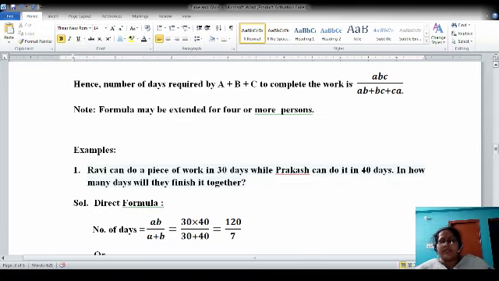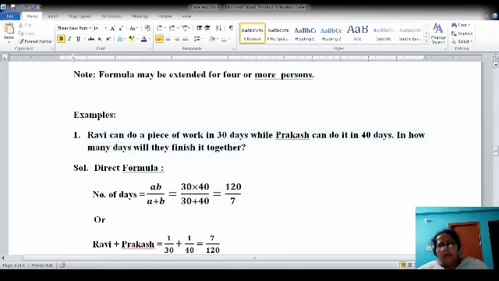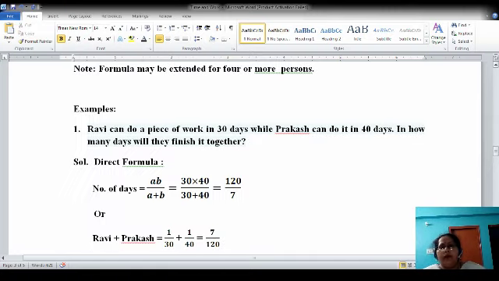And let us just take a quick glance at how it looks if I had just followed the steps without using the formula. We know that Ravi can do a piece of work in 30 days. So the amount of work done by Ravi in one day is 1 by 30, and Prakash is 1 by 40. Both of them together do 1 by 30 plus 1 by 40, that is 7 by 20.